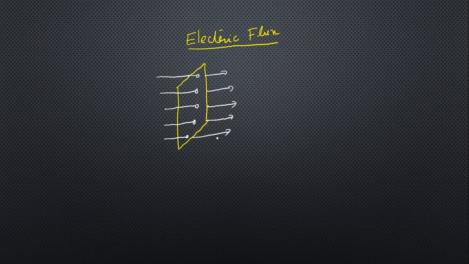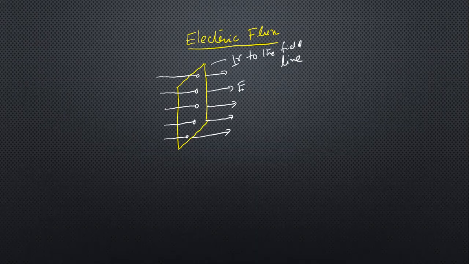This is perpendicular to the field lines. That's what I could draw. And E is all over the same. Let this area be A. You can draw many more lines, but I don't want to spoil it.